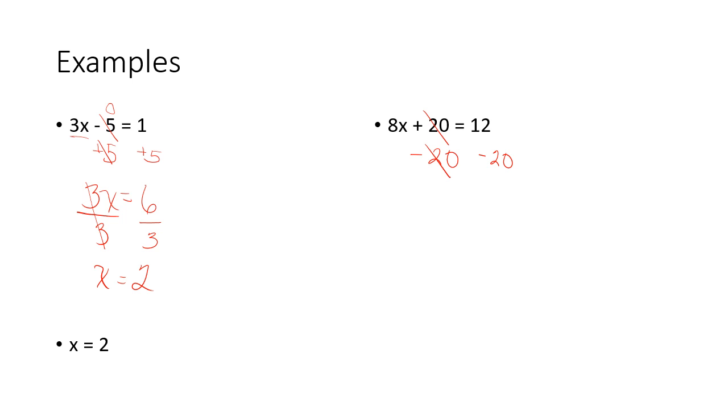Now we have 8x is equal to negative 20, and we divide both sides by 8. That turns into a 1, and negative 8 divided by 8 is negative 1. Yes, I slipped that in there on purpose.